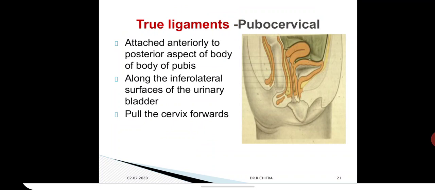The name itself tells, the pubis to the cervix. So it is anteriorly attached to the posterior part of the body of the pubis, along the surface of the urinary bladder to the cervix. From the pubic symphysis it has to pass through the bladder to reach the cervix. So that is the pubocervical.